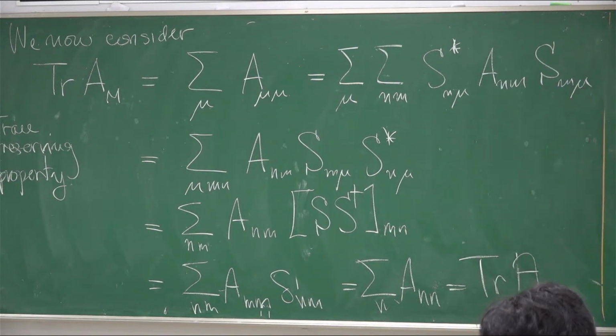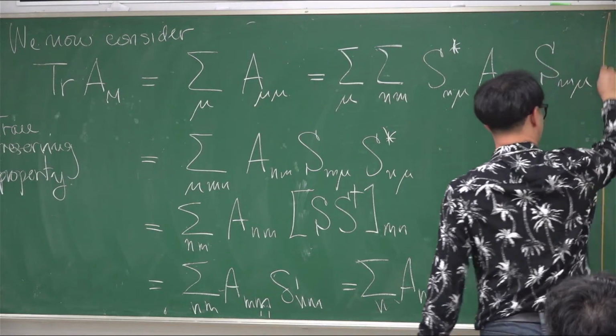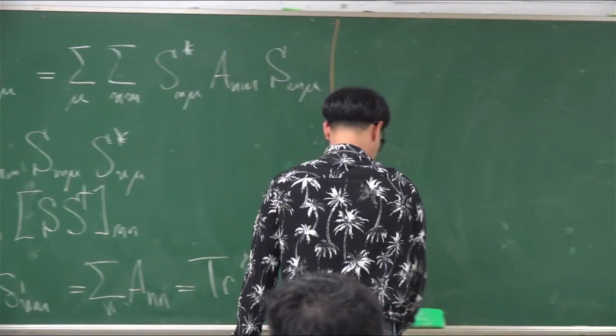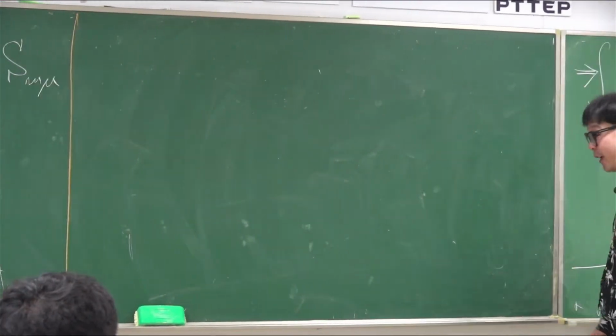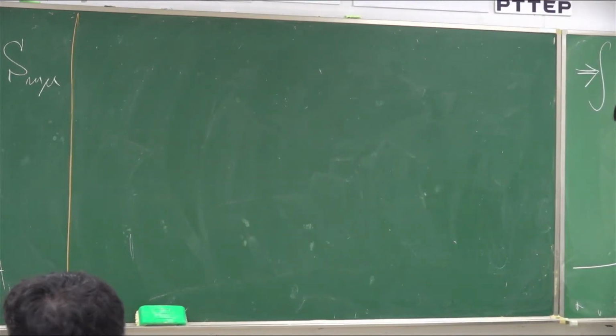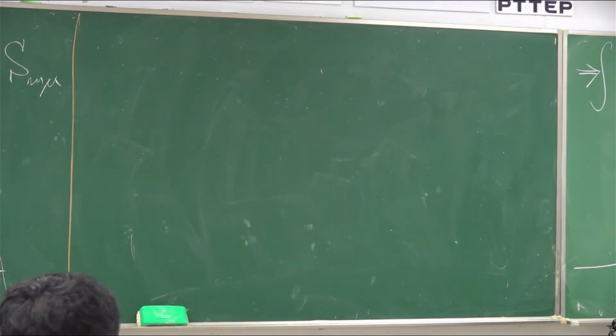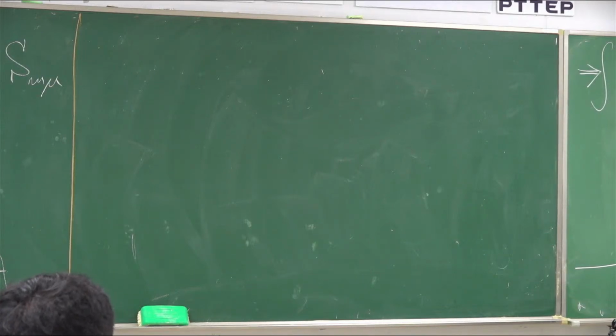So can you give me again an example of the operation? I think you mentioned that earlier. Yeah, the time evolution operator is one example of a unitary operator. Anything else? Rotation? Oh, yes, of course.